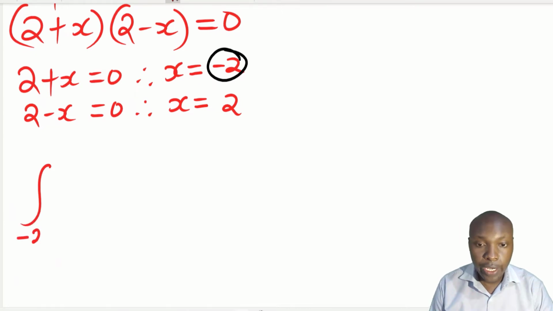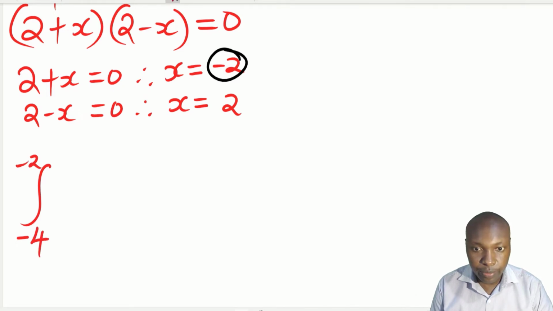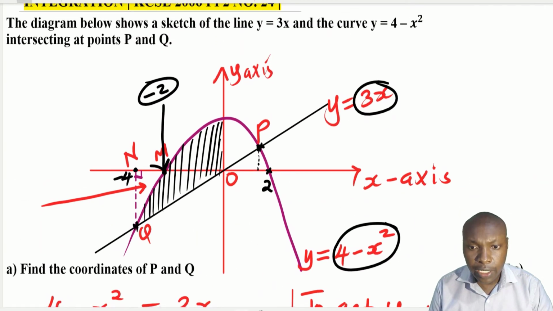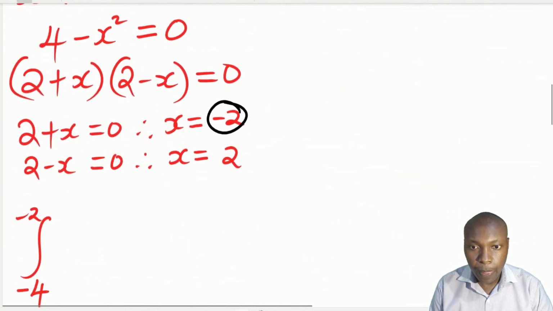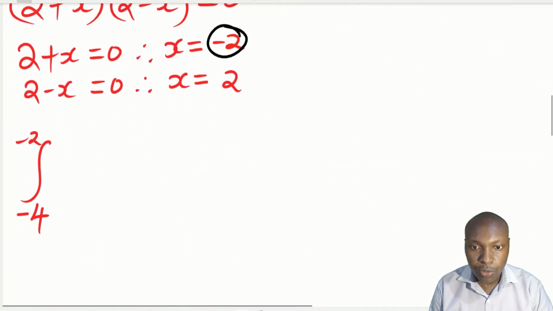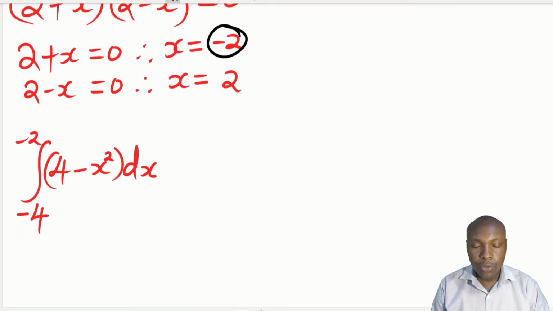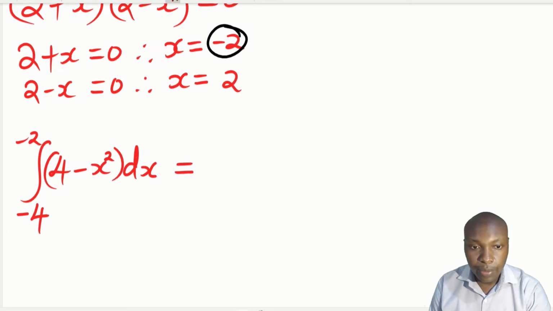So to get that area, we are going to integrate the function of that curve. Because that region lies below that curve, so from -4 to -2. So that is what you're going to do to get the area of that region, with respect to x. So we integrate using the limits that we have there.